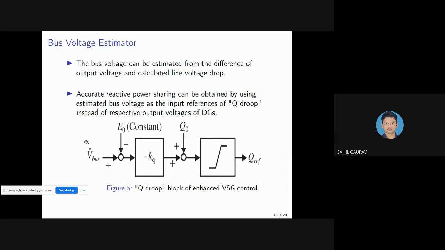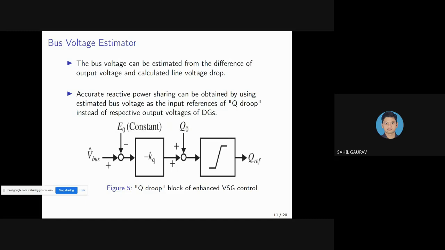Since the line to line RMS value of the estimated bus voltage for each distributed generator should be approximately equal, this V bus estimate should be approximately equal because bus voltage cannot be different for different generators.